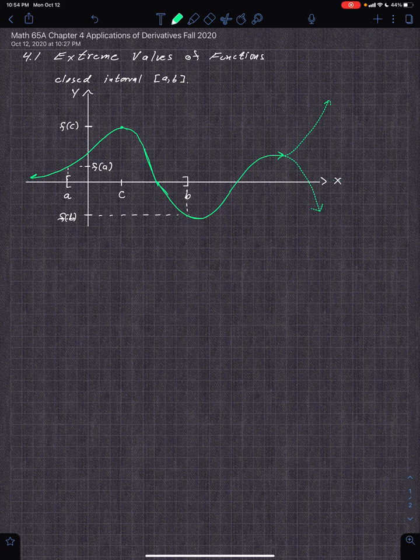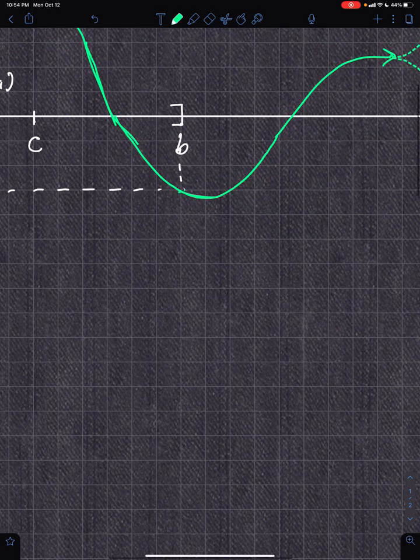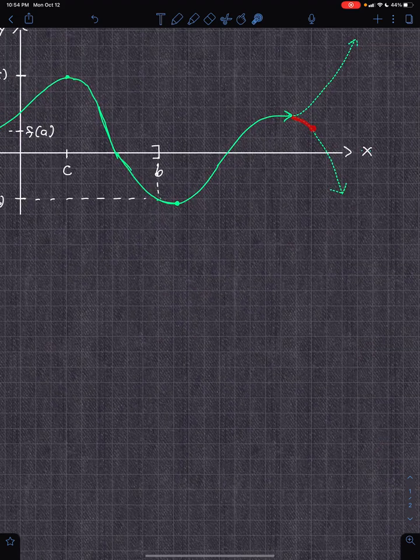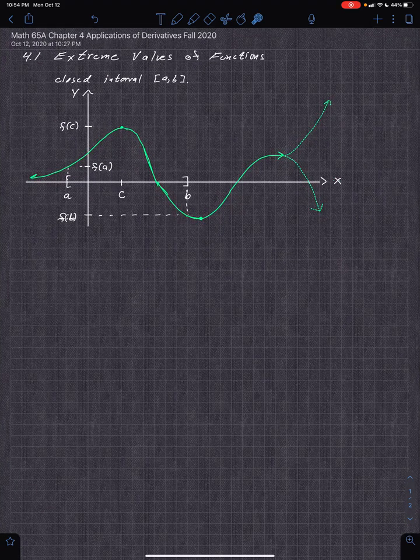So the absolute minimum of the function is actually right here. Well, unless it does this, then there's no minimum. But right there on the interval, that's the real key here, there's something special about that point. And it turns out, yes, there is.